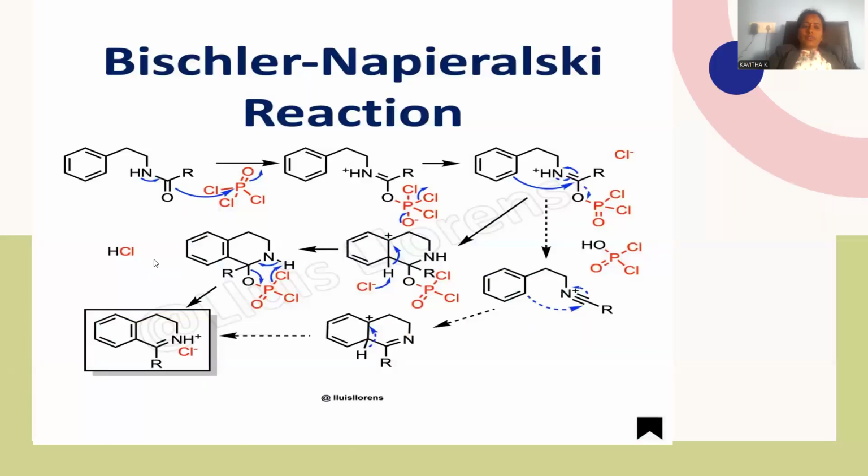In order to achieve this reaction, we have multiple steps, and the entire reaction mechanism is provided for better understanding, where phosphorus oxychloride is a kind of reagent applied over this beta-phenylamide. In the beta-phenylamide, the nitrogen has a lone pair of electrons taking part in double bond formation.